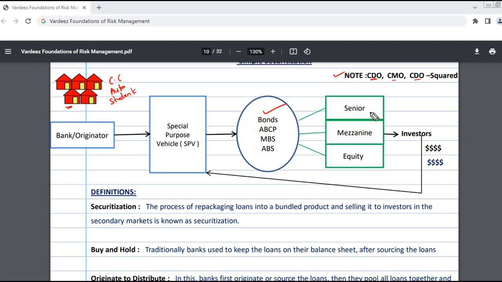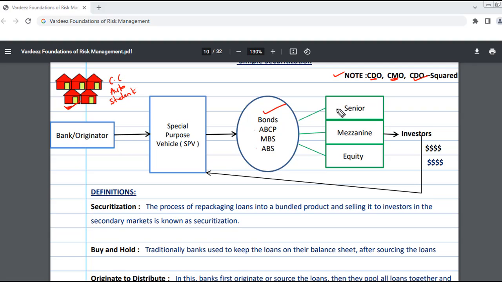Talking about CMO, when we just have mortgages, and the mortgages are collateralized and transferred to this, so overall, when we have a process like this with just mortgages involved, then we call it CMO.